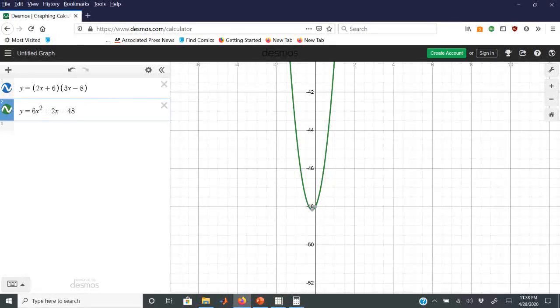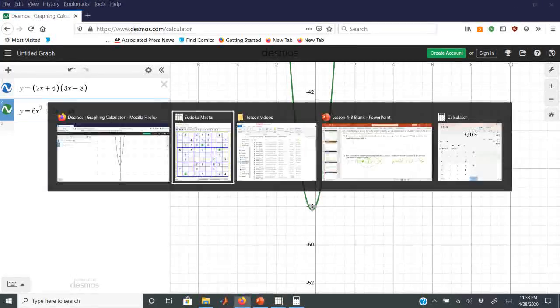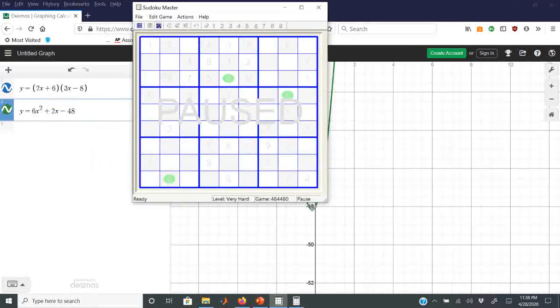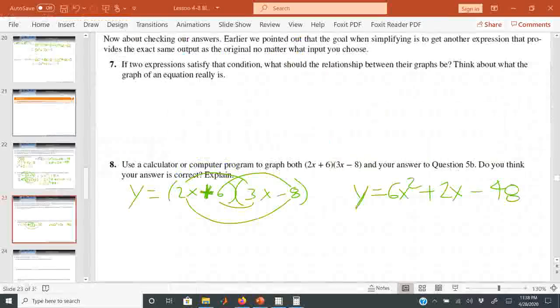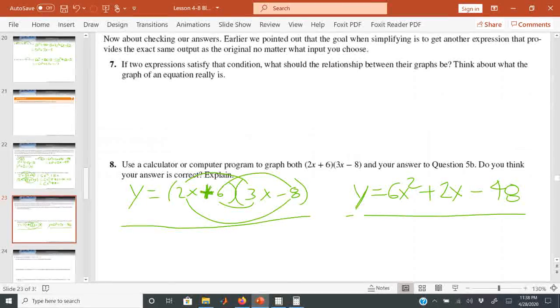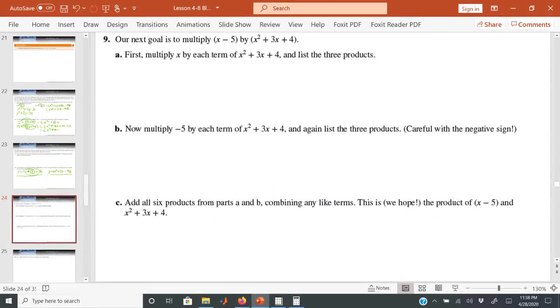The green graph now covers it up. That's the second expression. So the second expression is directly on top of the first expression. This was the green expression. This was the blue expression. They were right on top of each other. So we know that what we did is correct.